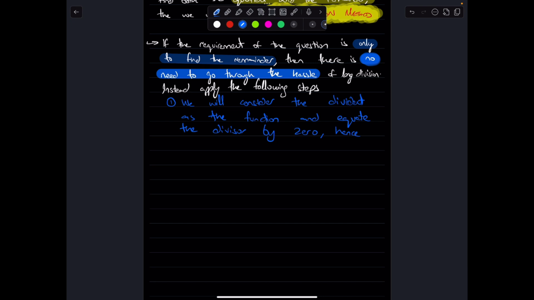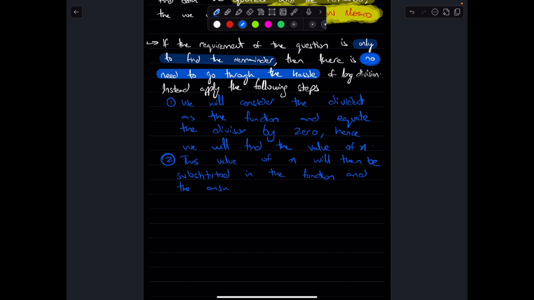Hence, we will find the value of x. And then the second and last step would be that this value of x will be substituted in the function, and the answer hence obtained is the remainder.